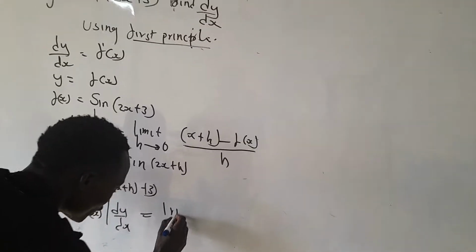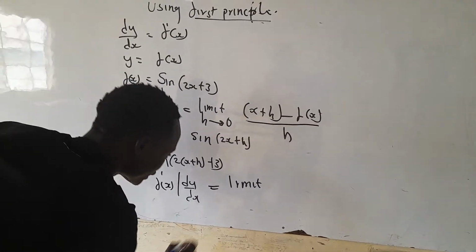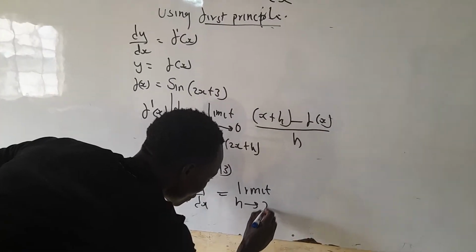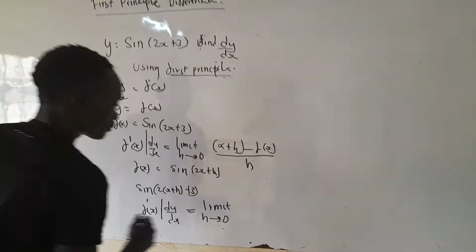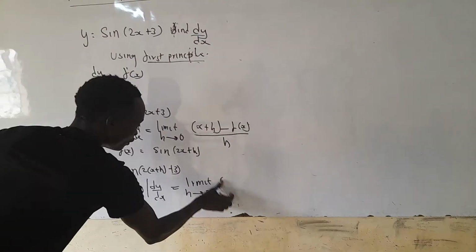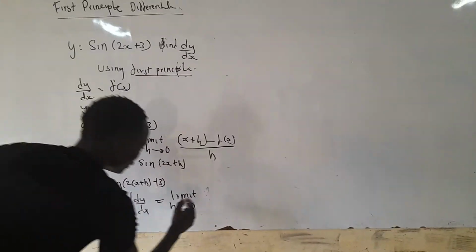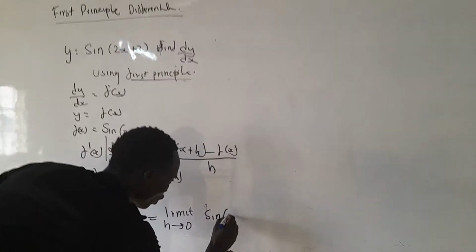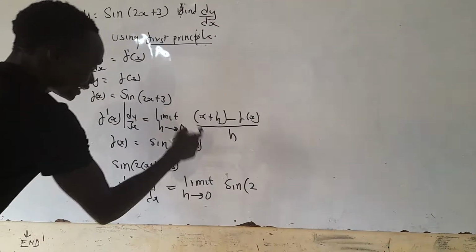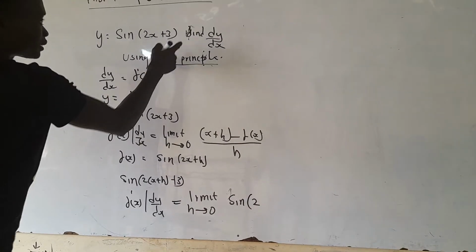now limit, don't forget to write the limit, because that is what is directing you. h is approaching 0, of sine of 2, where there is x, like here we have x somewhere.